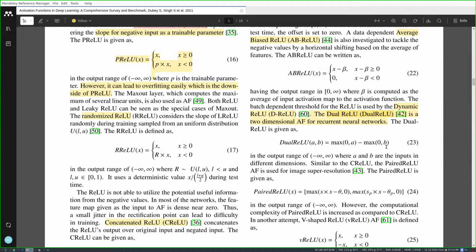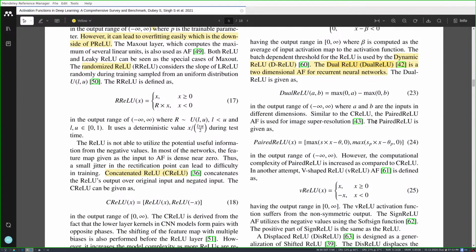What is MB? Two input parameters. Okay. Paired ReLU is used for image super resolution. How does the computation complexity of paired ReLU increase as compared to three ReLU?